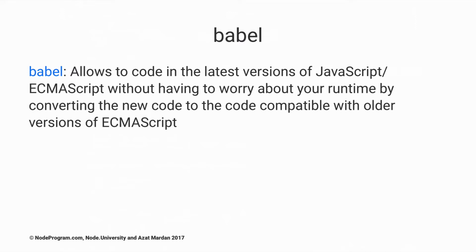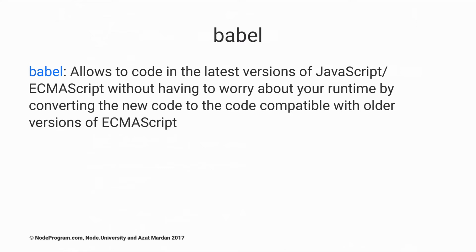What Babel allows you to do is convert your JavaScript, the new ECMAScript, such as ES 2018, and convert it into older code which is compatible with older versions of browsers such as Internet Explorer 11.